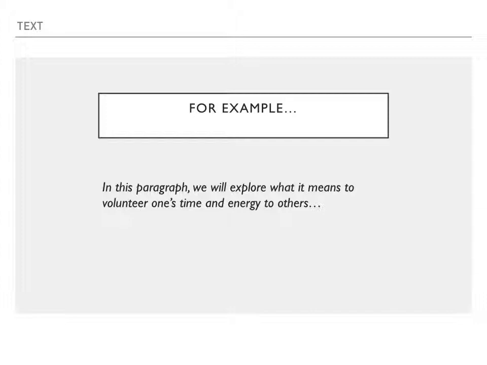So I would begin that paragraph by saying something like, in this paragraph, we will explore what it means to volunteer one's time and energy to others. So I'm stating very clearly in the first sentence of the paragraph, this is what I'm going to be talking about in this paragraph. And I'm going to stick to this one idea for the entire paragraph.